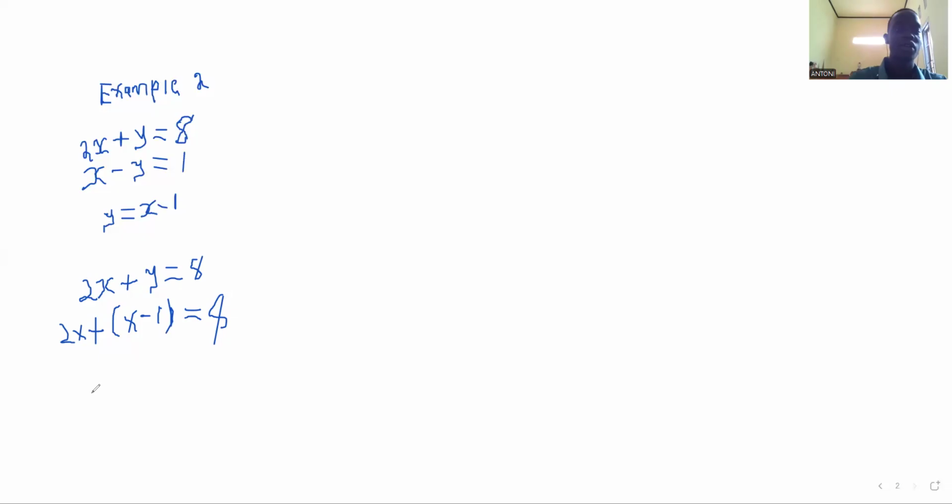So next we add. So 2x plus bracket x minus 1 is equal to 8.